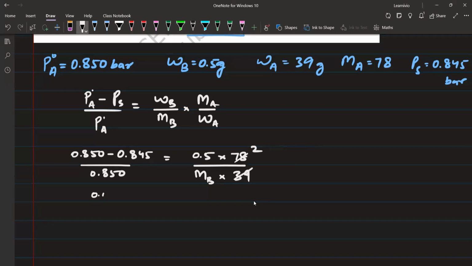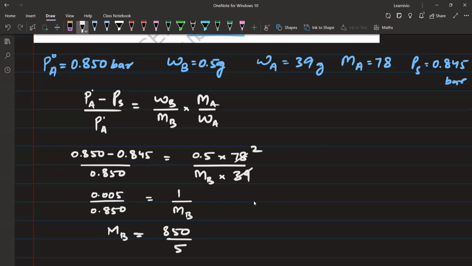So this will be 0.005 divided by 0.850, which is equal to 1 upon MB. So we can write MB is equal to 850 upon 5. क्या ख्याल है guys? Make sense? Yes or no? Please tell me.